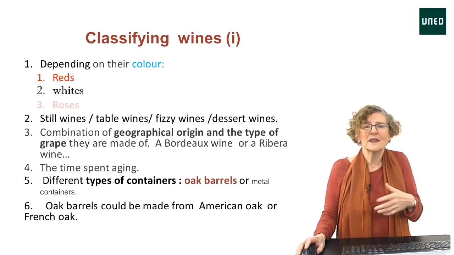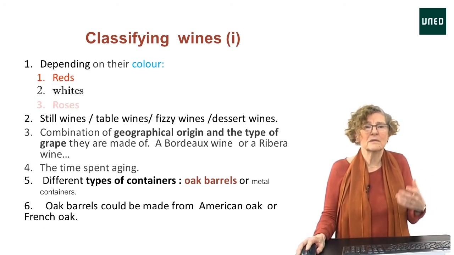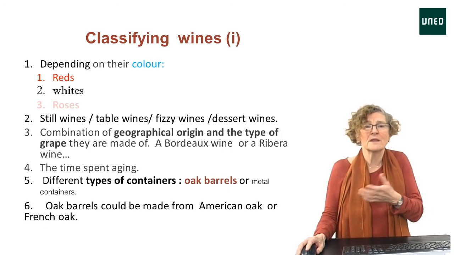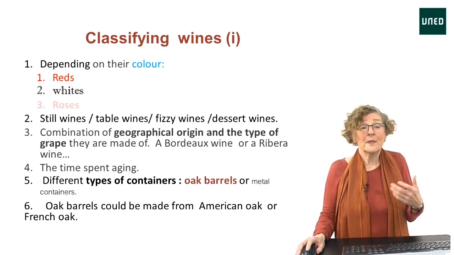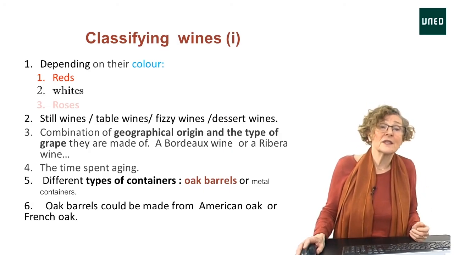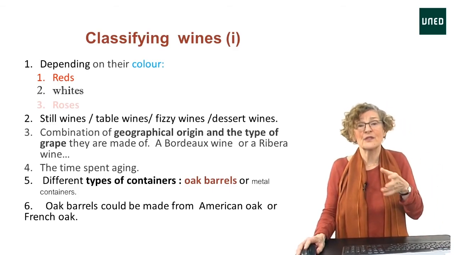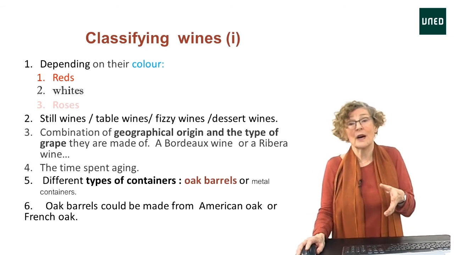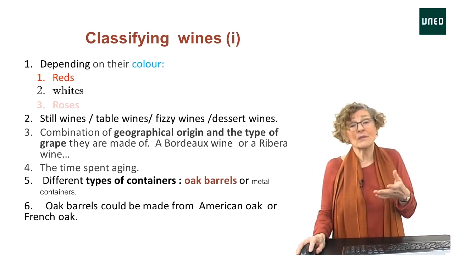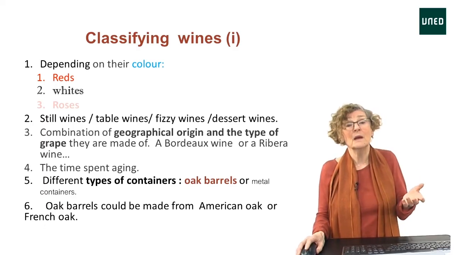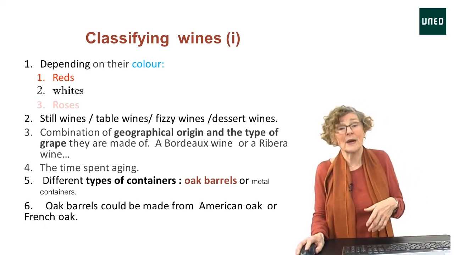Wines can be classified simply depending on the color. That's reds, whites, and rosés. The other most popular type of classification divides wines into still wines, table wines, fizzy wines, and dessert wines. This is a rather vague classification, more or less based on the type of meal and or the purpose of the wine, but it's a widely used classification.